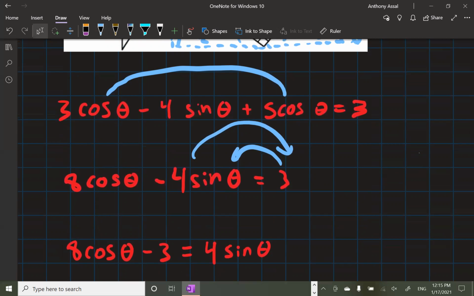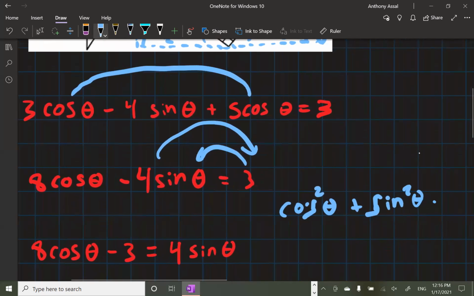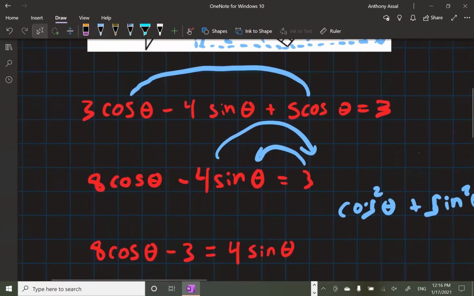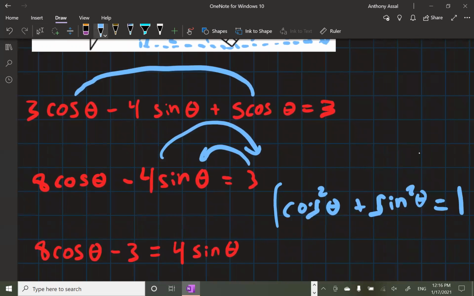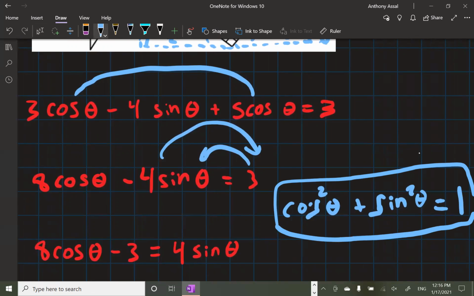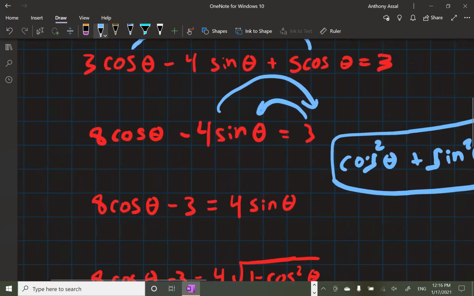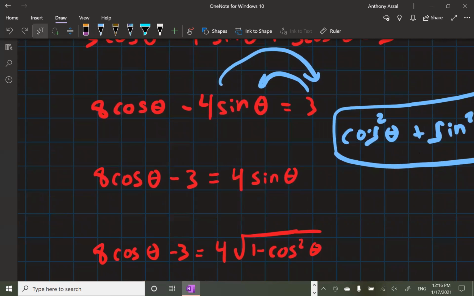Now I can take advantage of some trig identities, the classic cosine squared plus sine squared equals 1. So if I rewrite that sine angle in the context of this formula, I'll get something along the lines of the square root of 1 minus cosine squared theta.